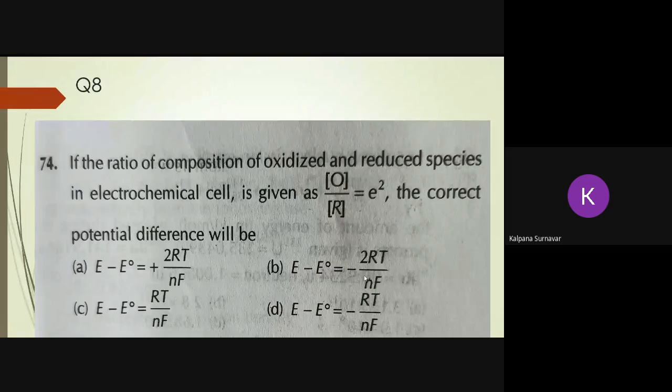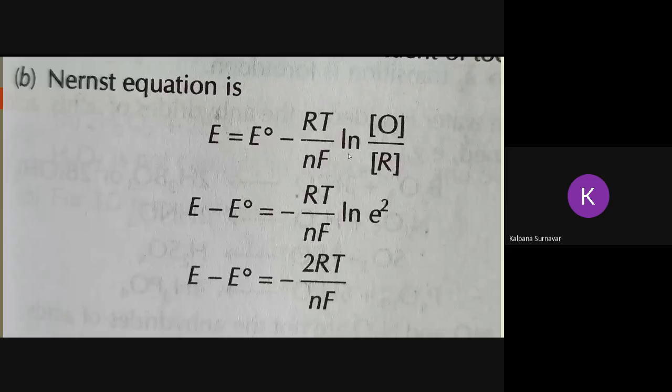Just put this value in the equation. So ln of e square.